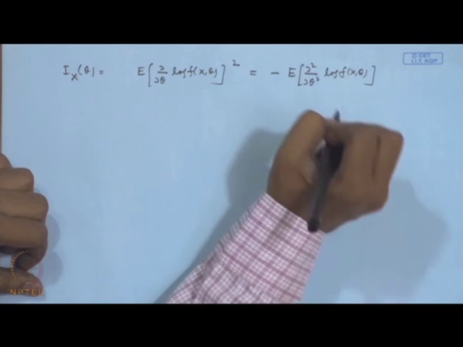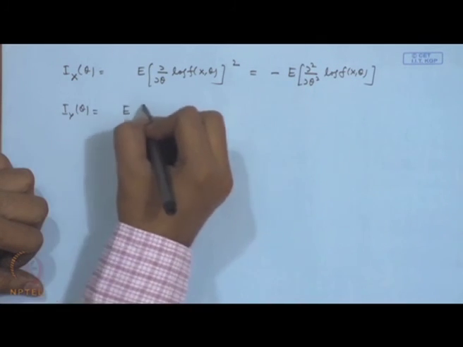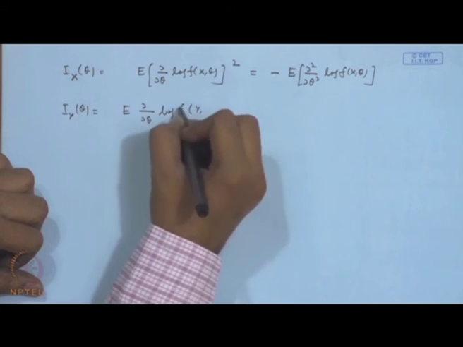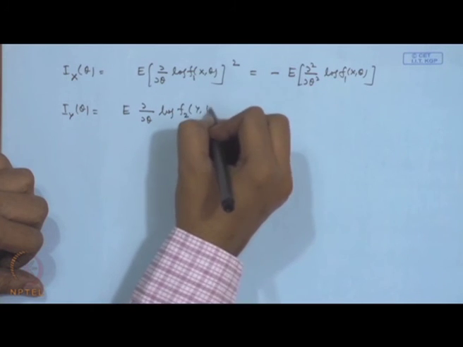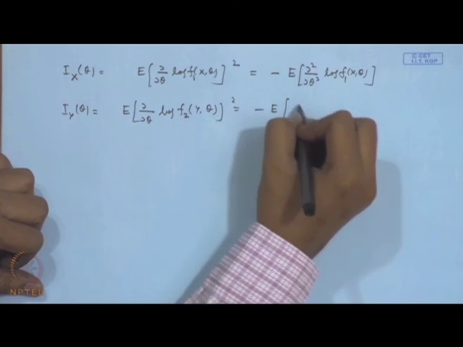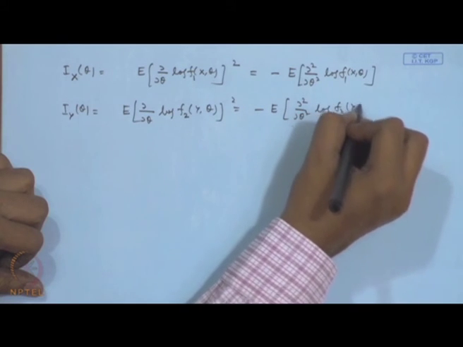We have seen this relationship. Similarly, information in y, that is equal to expectation of del by del theta log of f y, say this is f 1, this is f 2, that we can also write as expectation of del 2 by del theta 2 log of f 2 y theta.